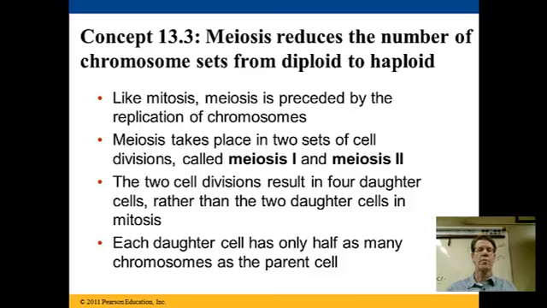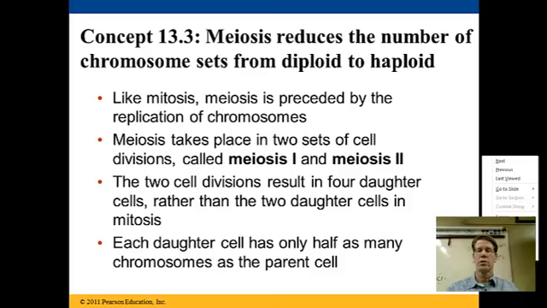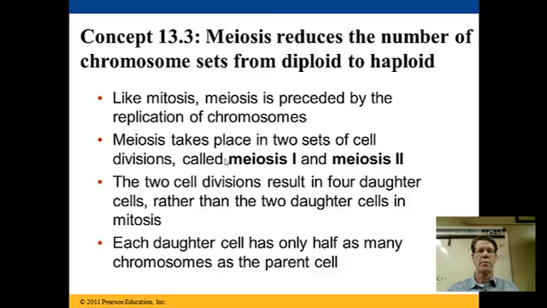So we're going to be talking about meiosis 1 and meiosis 2. It actually takes place through 2 divisions, reduction division, and that means we're going to be looking at all the stages: prophase, metaphase, anaphase, and telophase through the first division, which we'll call meiosis 1, and then the same series of phases will occur again through meiosis 2. 2 cell divisions then are going to result in 4 daughter cells rather than 2.